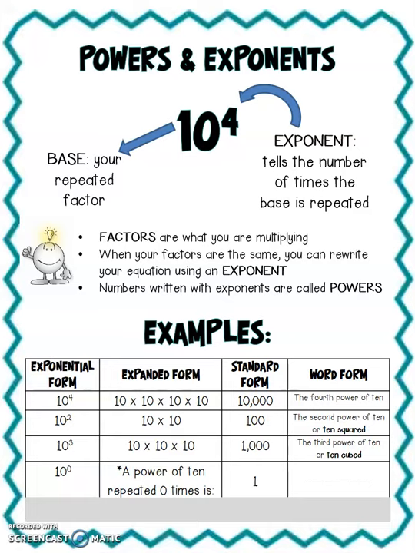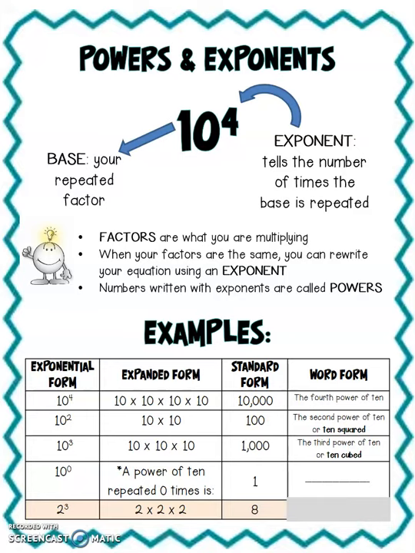Now, finally, I want to show you one example where the base is not a 10. And this row is going to be highlighted in orange because this is actually a sixth grade example to stretch your brain a little. But the process is exactly the same. When I have 2 to the third, all that tells me is that my base is now a 2 instead of a 10, and I'm repeating it 3 times. So if I stretch that out, it's like saying 2 times 2 times 2. 2 times 2 is 4, and then times 2 one more time is 8.